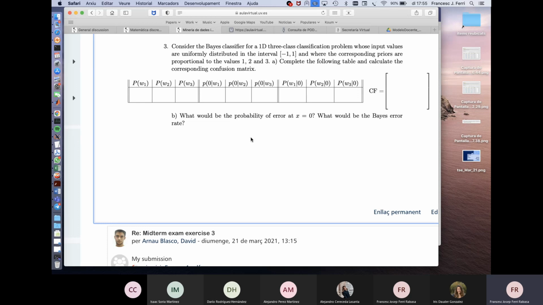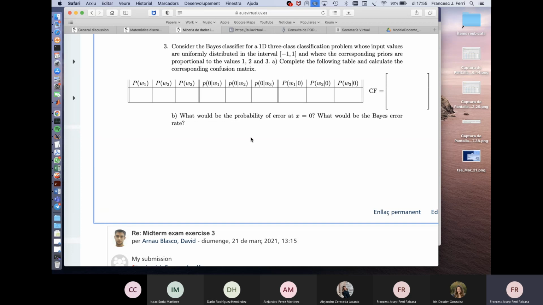And the rates can be interpreted as frequencies. If we have points, then we have proportions. But in the limit, these are probabilities. If you have a look at the slide, when we define the confusion matrix, we talk first about probabilities. We don't have points here.